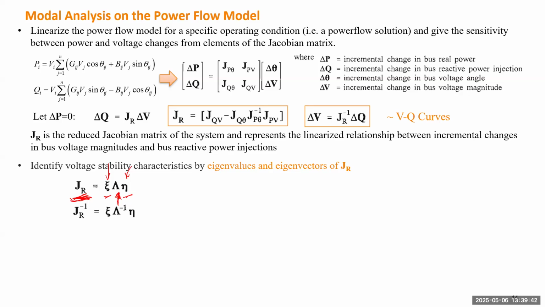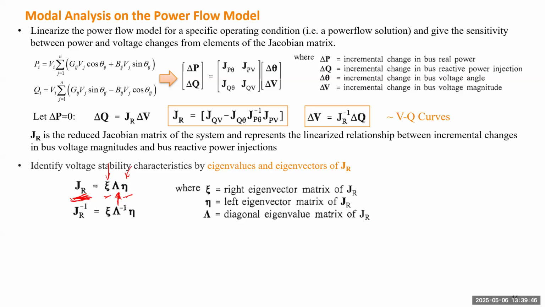And the Kasai will be the right eigenvector, and eta will be the left eigenvector, because by definition, Kasai is the right eigenvector, so it will be multiplied from the right.